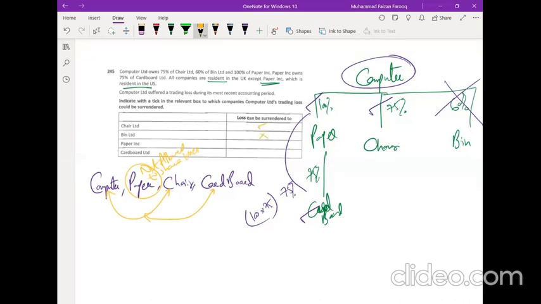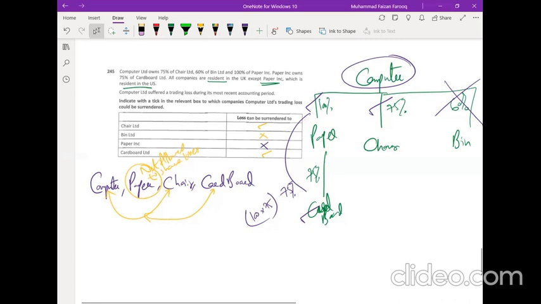Bin, no. Paper, leave Paper. Cardboard, yes. But Paper is part of the group, though it cannot share losses, because Paper is a foreign company. So the answer is Chair and Cardboard. Any confusion, please? No confusion.